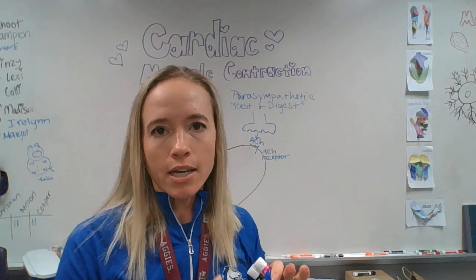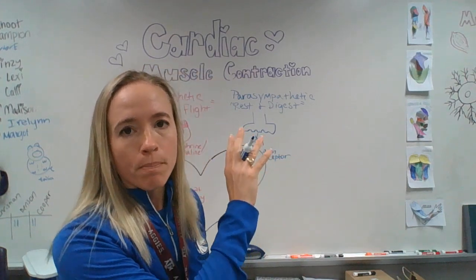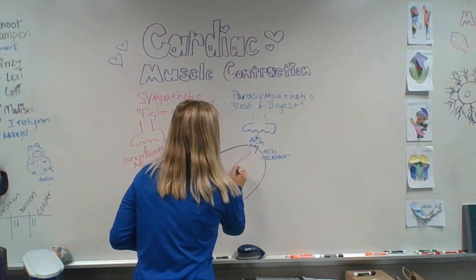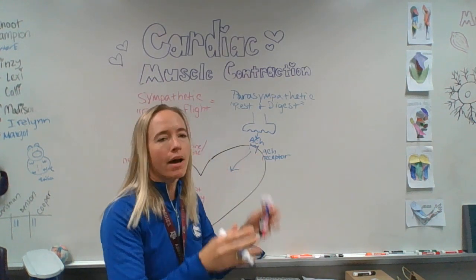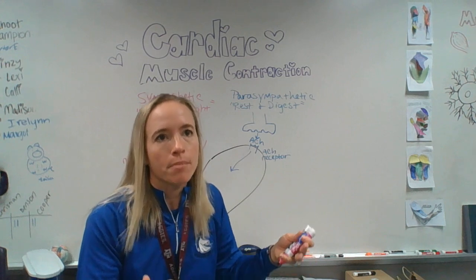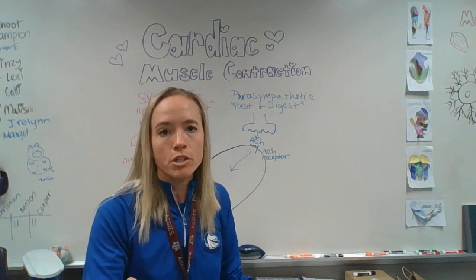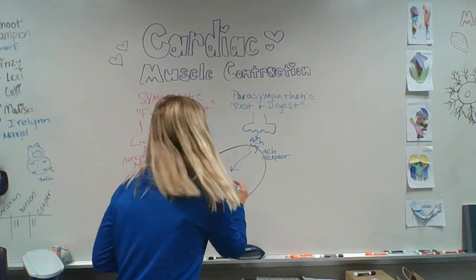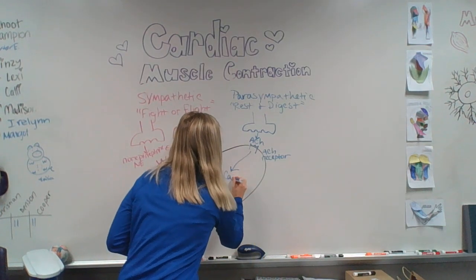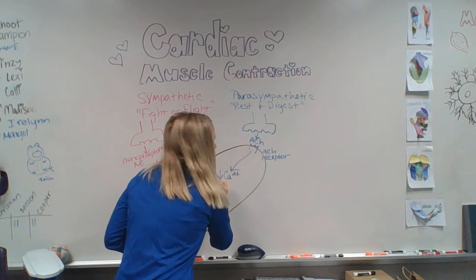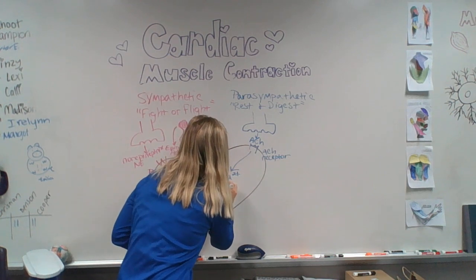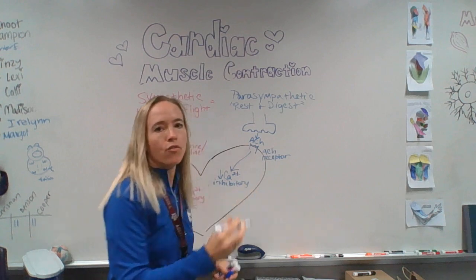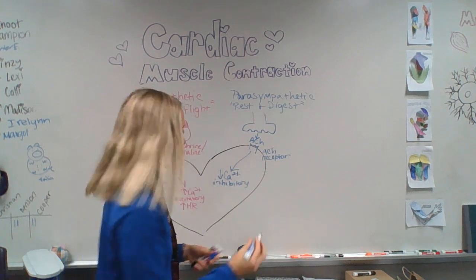Basically, the result is that it's going to be inhibitory and slow the heart rate. And it does this by decreasing the amount of calcium available to troponin. So we're just going to learn it causes a decrease in calcium, which we call inhibitory. And the net effect is that it's going to decrease the heart rate.